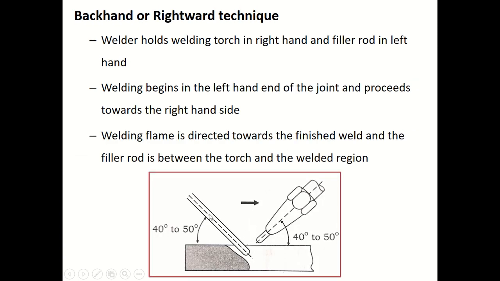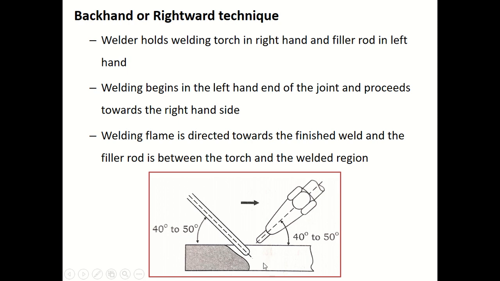So the welding flame is directed towards the finished weld, and the filler rod is between the torch and the welded region. You can see the welded region.